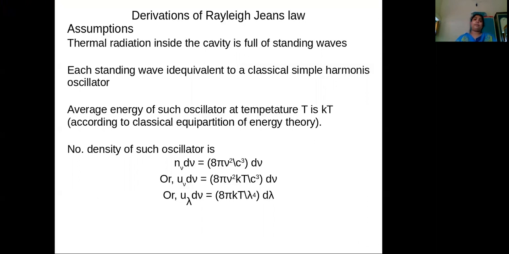Simple. So the number density of such oscillators is n nu d nu equals 8 pi nu squared by c cubed into d nu. Now the derivation of n nu d nu here is not necessary, but you can find it in the statistical mechanics notes or classes.